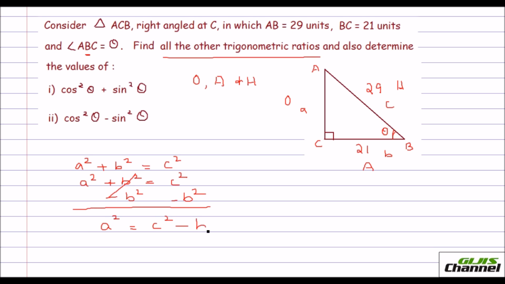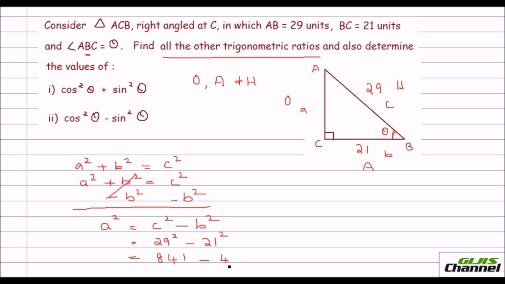So let me do this. You know c square is 29 square minus 21 square. What is 29 square? This is 841. And what is 21 square?